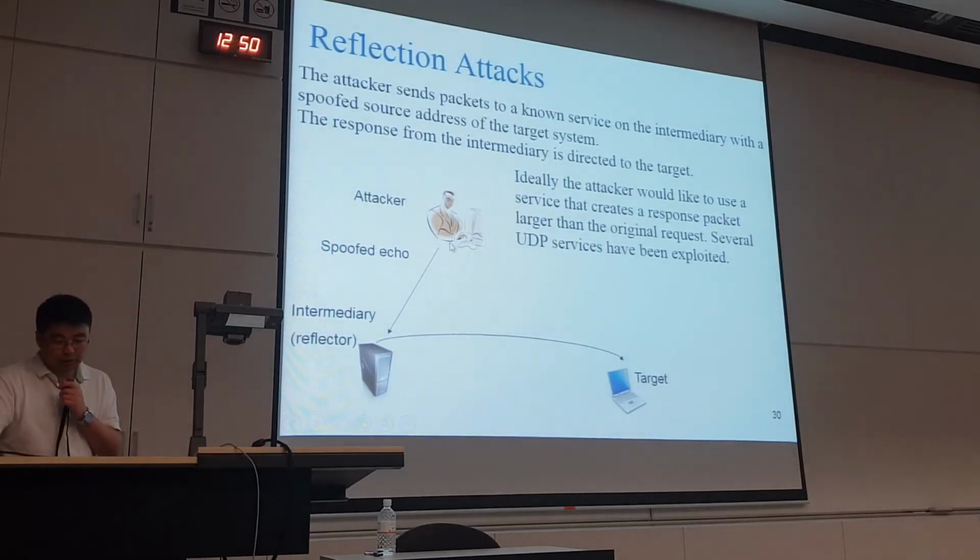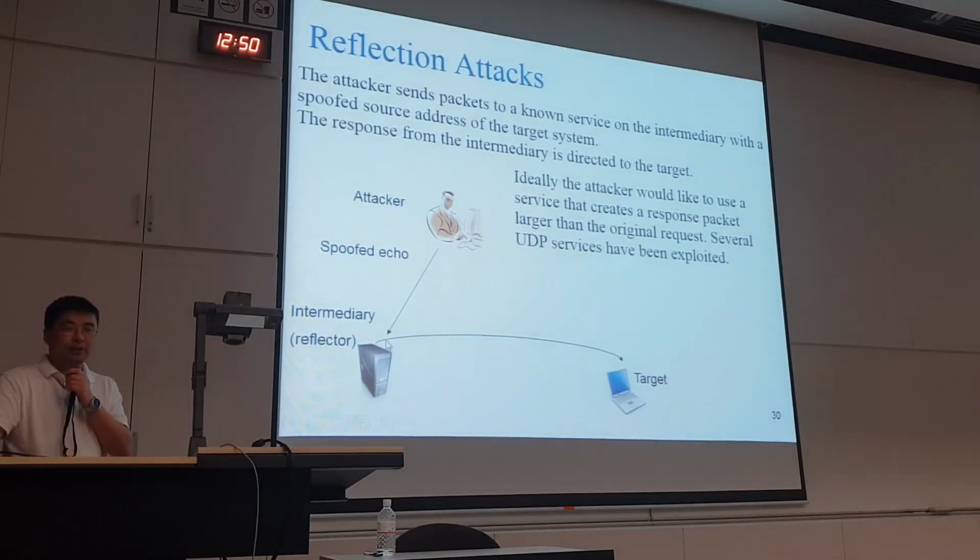This picture looks similar to the SYN spoofing or SYN flooding attack: the attacker sends something, and the server sends to another machine. However, in the previous SYN flooding attack, the victim is the server, because we want to consume the memory of the server.